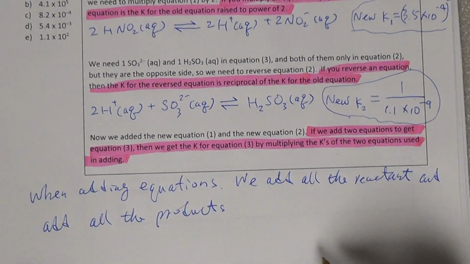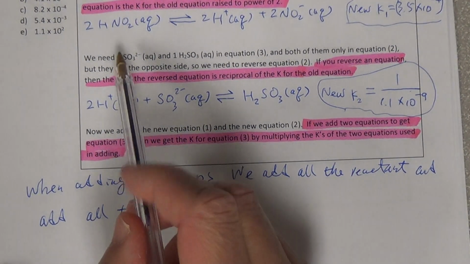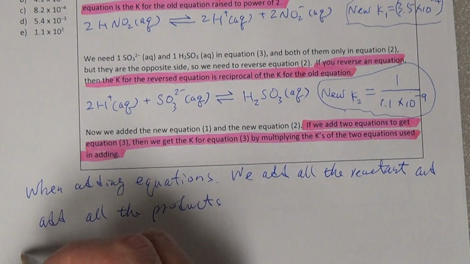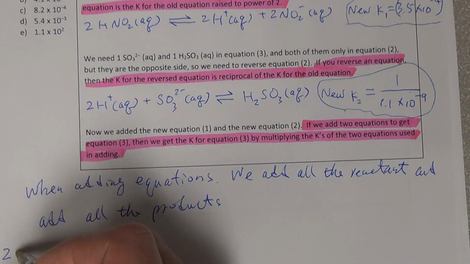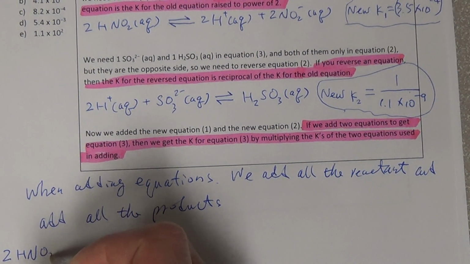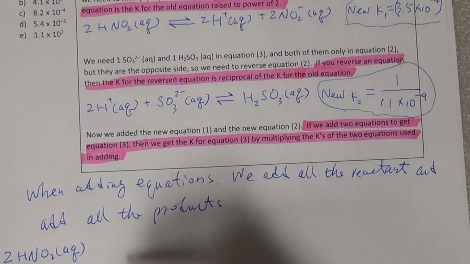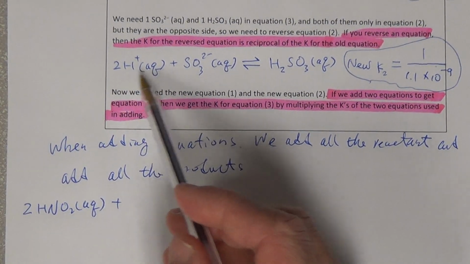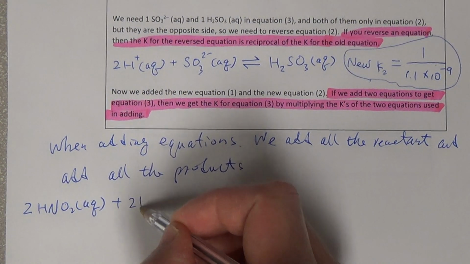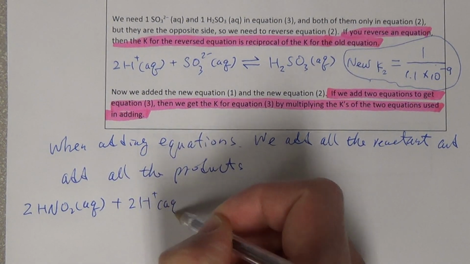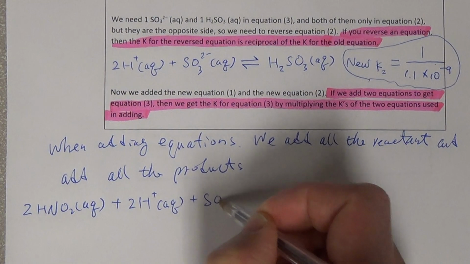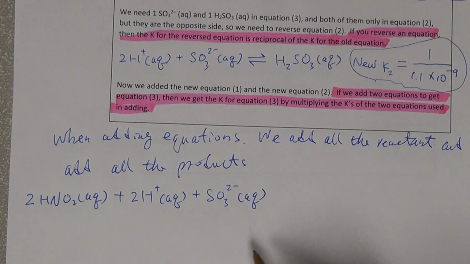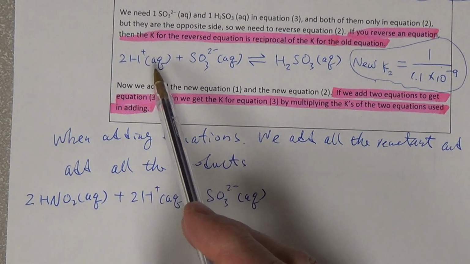So we will see what the reactants are in the new equation 1 and in the new equation 2. In the new equation 1, we have one reactant, which is 2HNO2 aqueous. Then we add to it the reactants in the new equation 2. That will be two reactants: one is H plus, the other one is sulfite. So that's how we add the reactants with reactants.